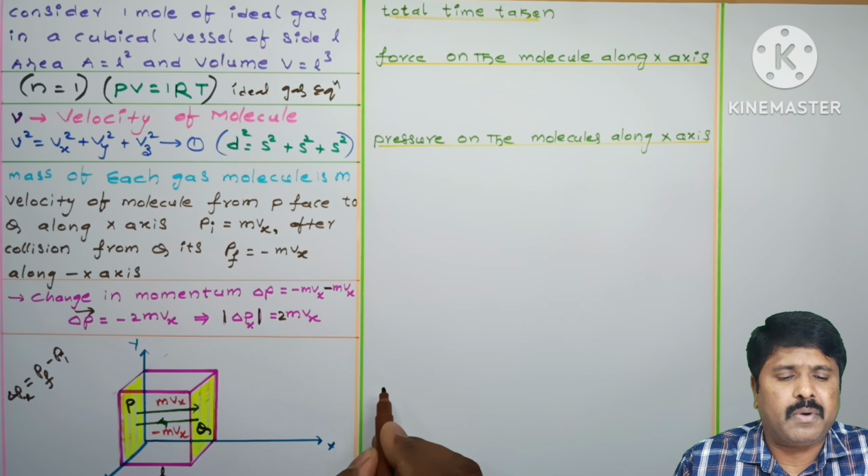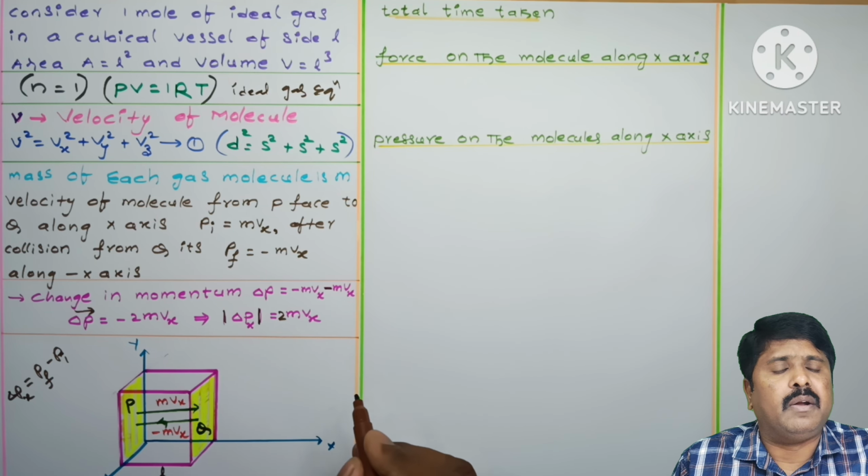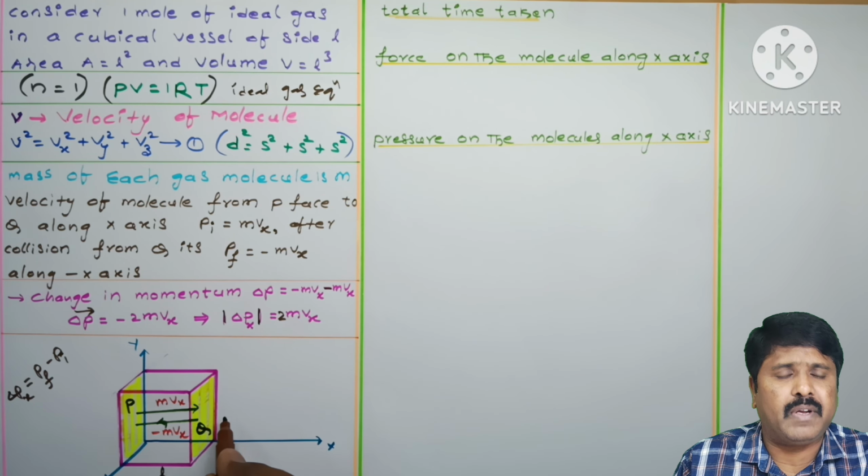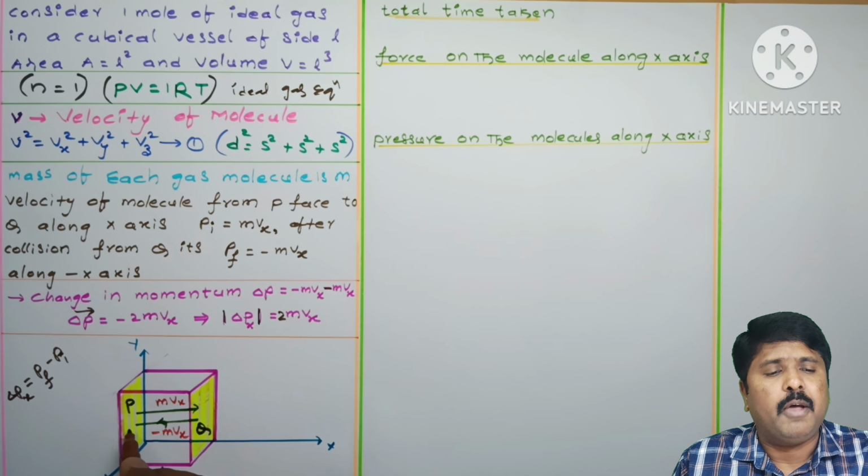Okay, negative sign no need to consider. Continuing, I am going to find the total time taken from the p phase to the q phase and, after collision, from the q phase to the p phase.